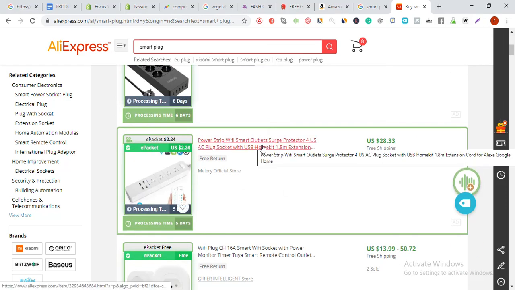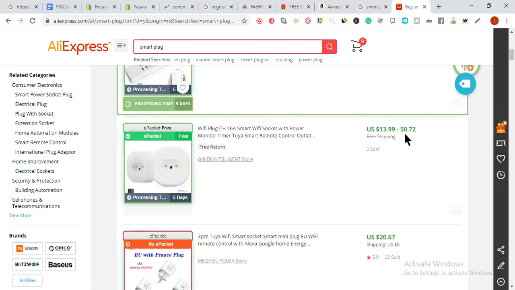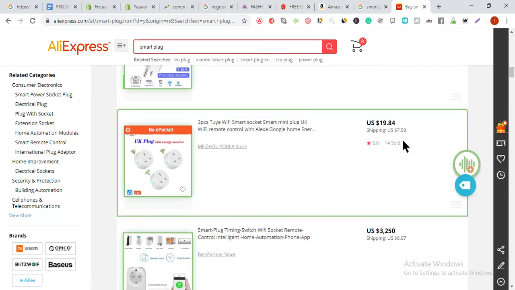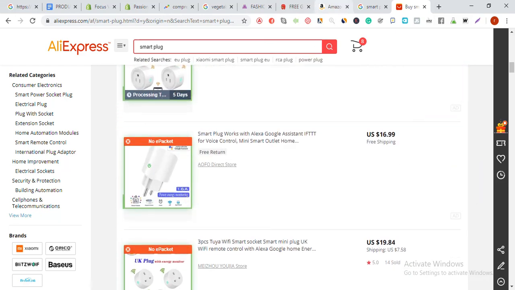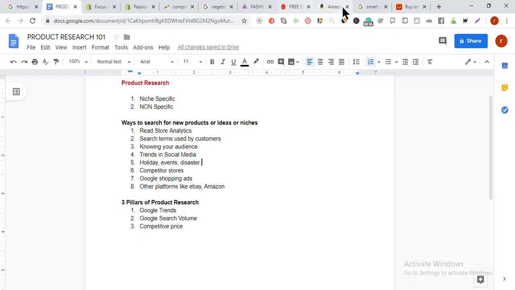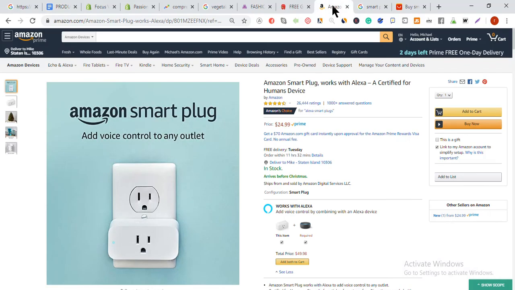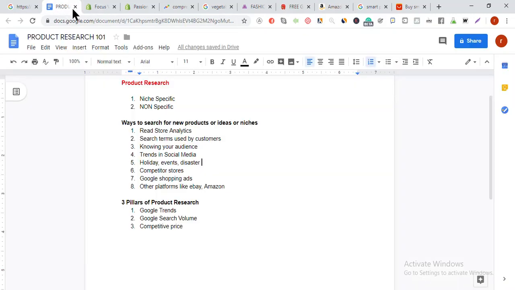Maybe Wi-Fi powered outlets, surge protector. Yeah, I think so. But for that, you still check how it's trending, what is currently happening. The three pillars will always be applicable for all your searches.